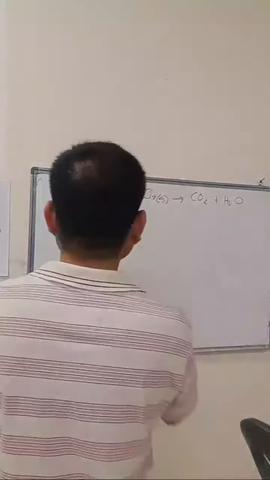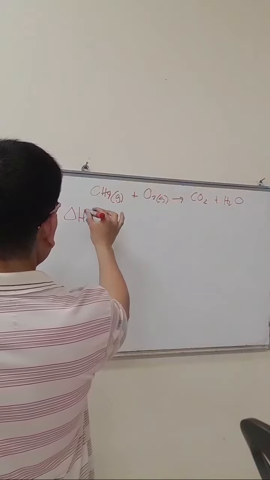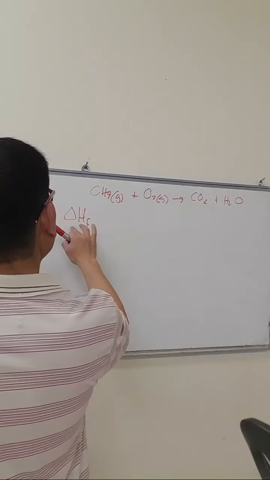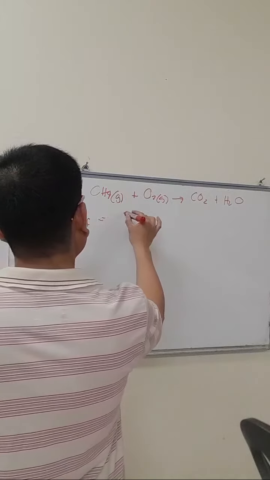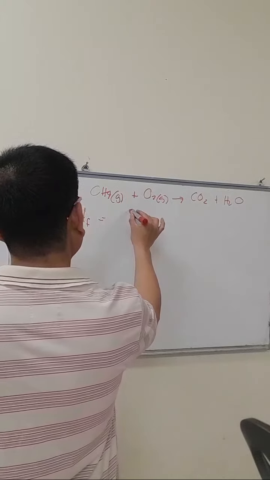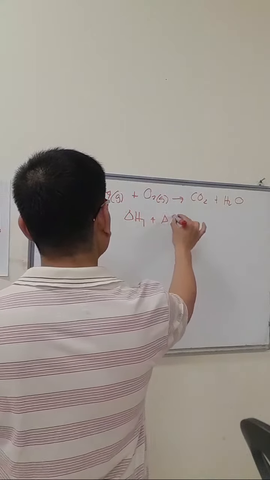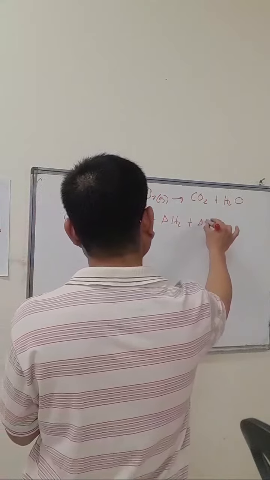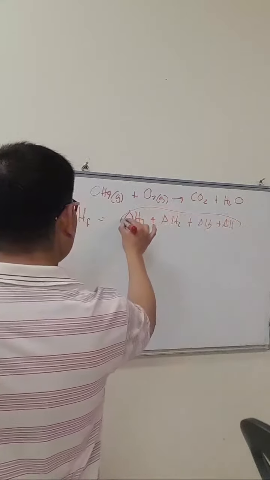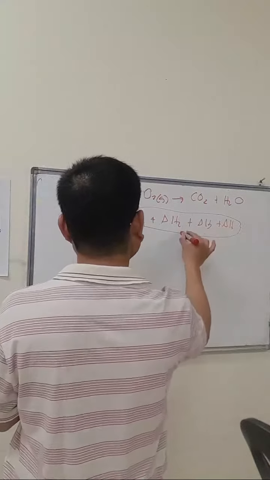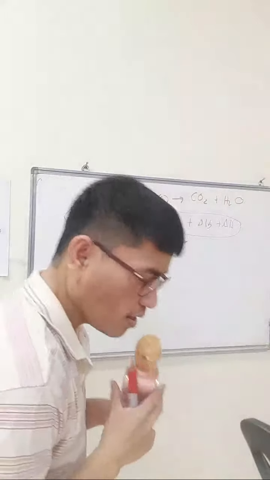For example, if I have delta H of the reaction, okay, that is F, or delta heat of formation of the reaction, is equal to the change of delta H, let's say 1, plus delta H2, plus delta H3, plus delta H4. So this is summation, constant summation of heat. If you found like this is already under Hess law.